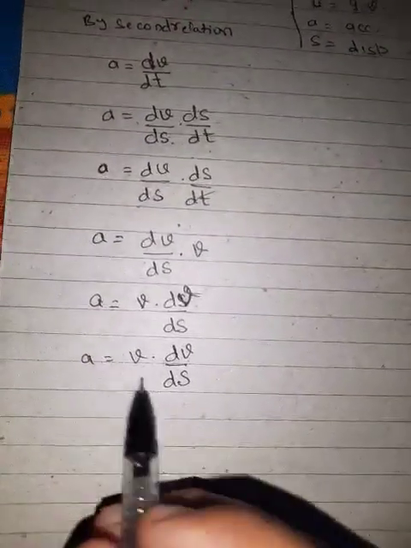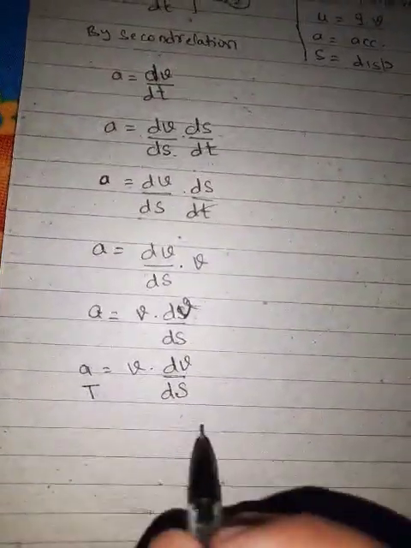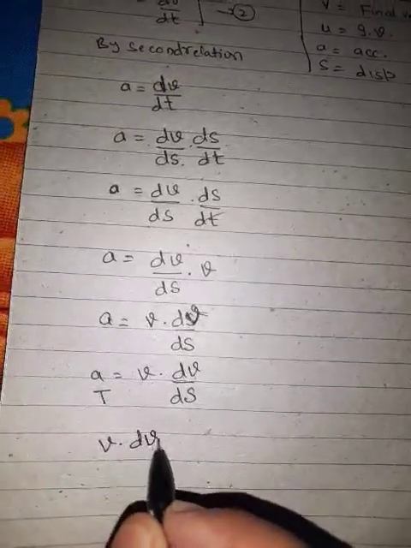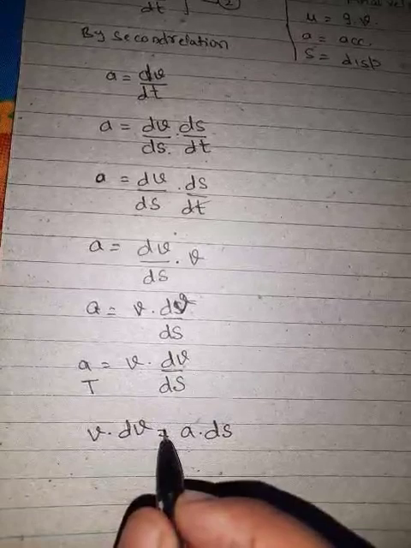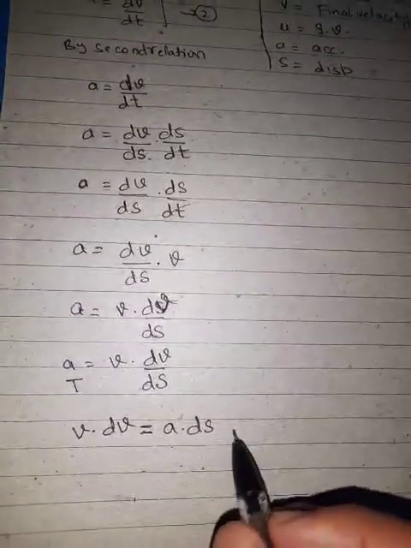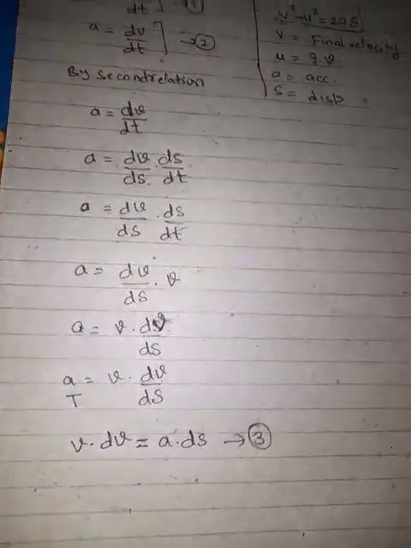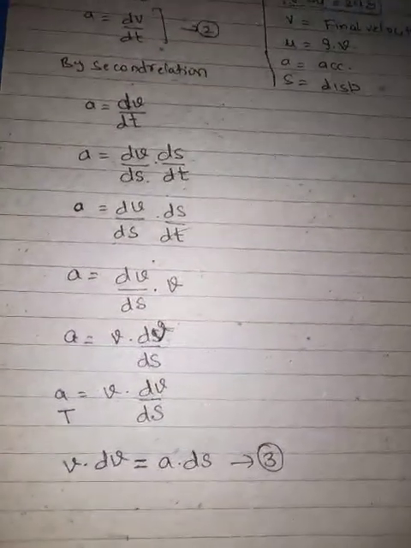Making the cross multiplication, we get v dv is equal to a ds. This is our third equation and the main equation in differential form.